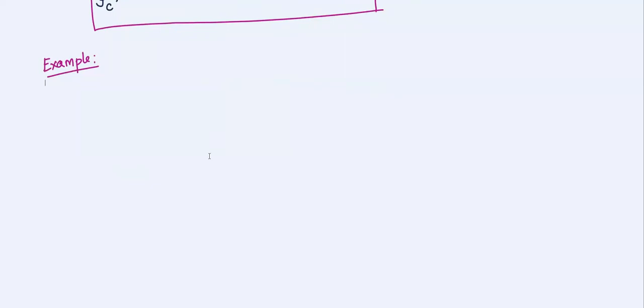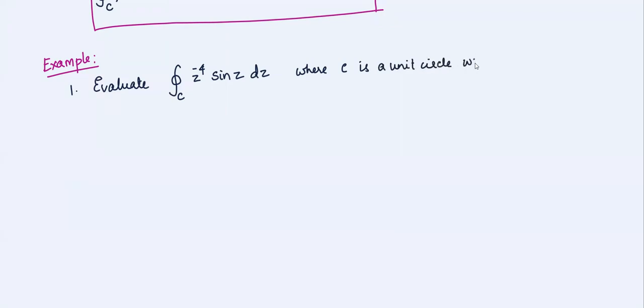So, example 1. Evaluate the closed contour integral of z power minus 4 sine z dz, where C is a unit circle with center at origin.